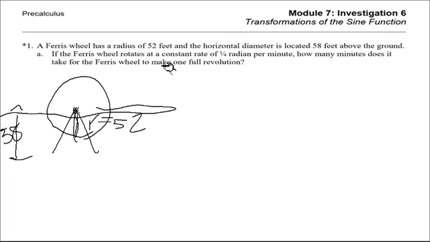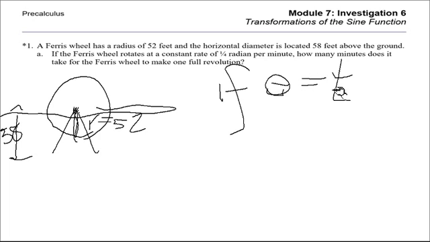So it goes on to say, if the Ferris wheel rotates at a constant rate of not 1 radian measure per second, or per minute rather, but 1/4 of a radian per minute. So that would be 4 times as slow as would typically be the case if we were traveling at 1 radian per unit time. So for theta and t being 1 radian per 1 unit time, it takes 2 pi seconds.